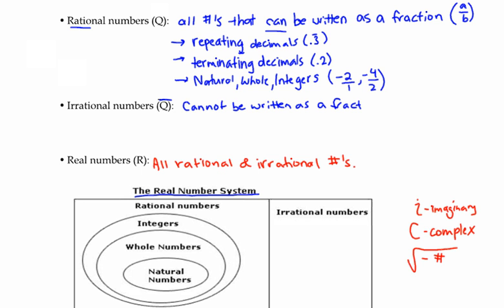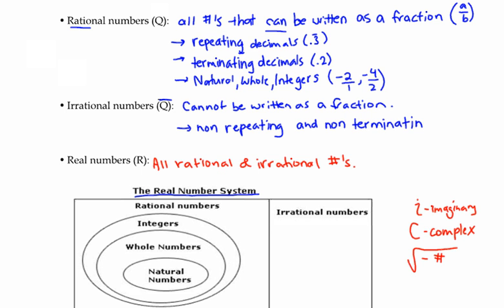So it's basically the opposite of rational. Rationals are repeating, so irrationals are non-repeating. And if rationals are terminating, then irrationals are non-terminating, never ending.